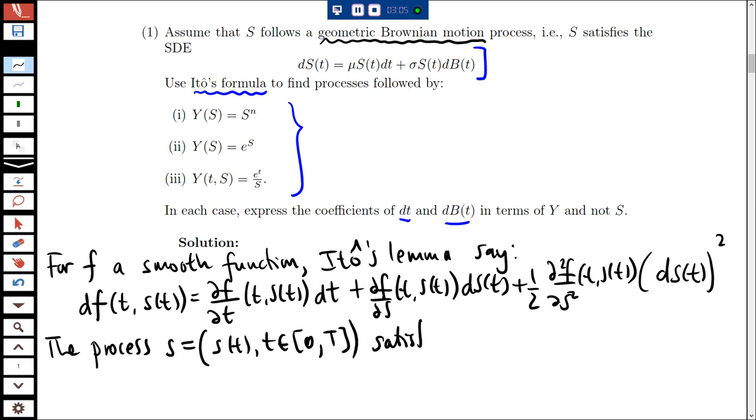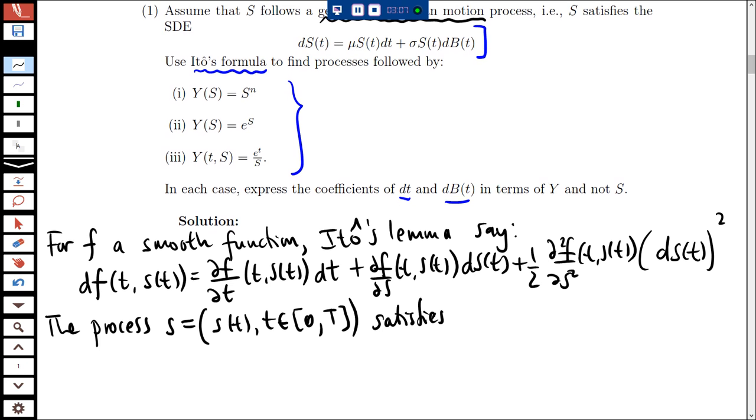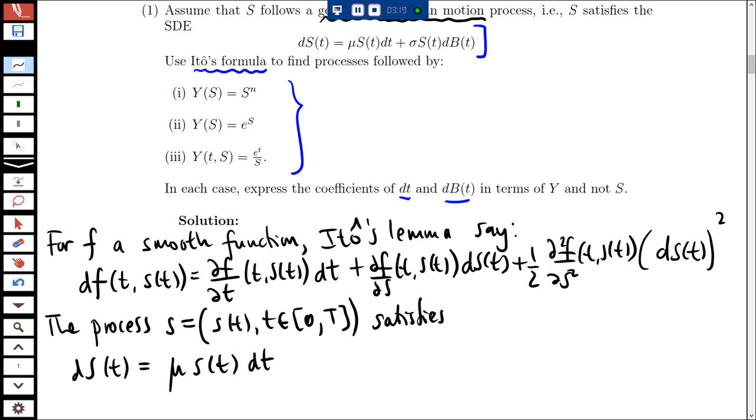And we know this process follows ds, so the infinitesimal change in the process S is given by mu S(t) dt plus sigma S(t) dB.